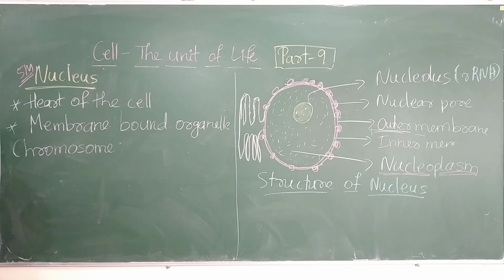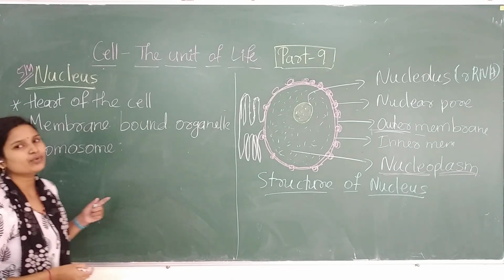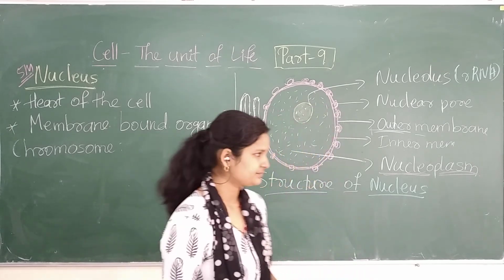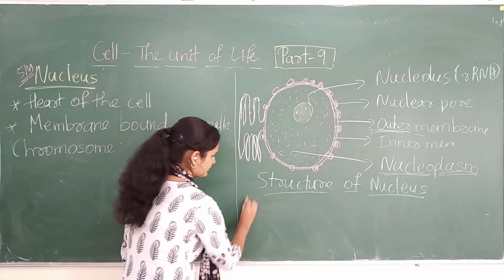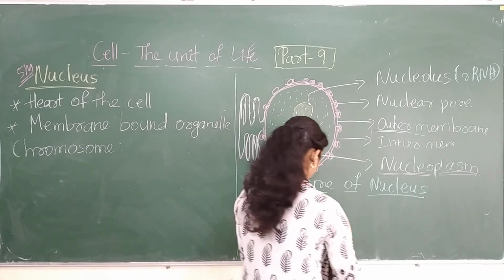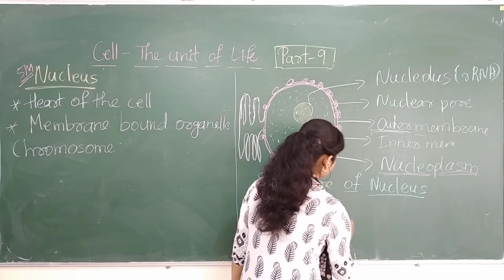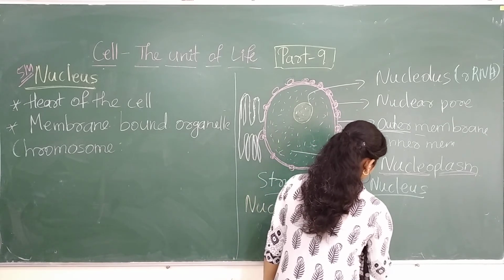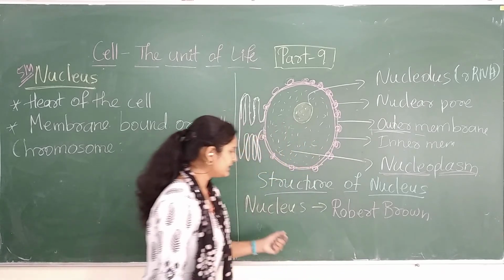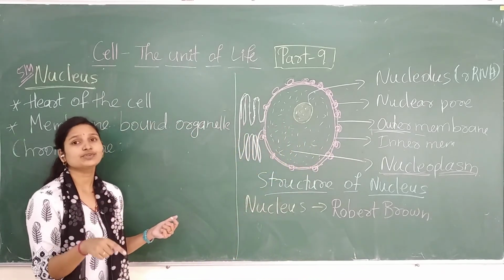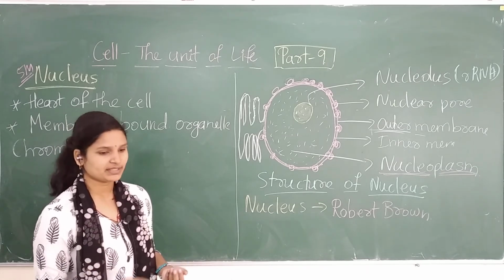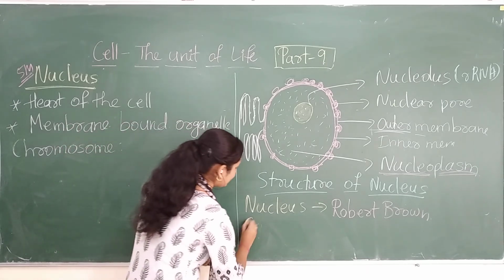Tell me one thing before this, who found out the nucleus? I have told you. Who is the scientist? Very good. The nucleus was found by Robert Brown. Very, very important. And in that nucleus the chromosomes will be there, and in the chromosome the chromatin material.